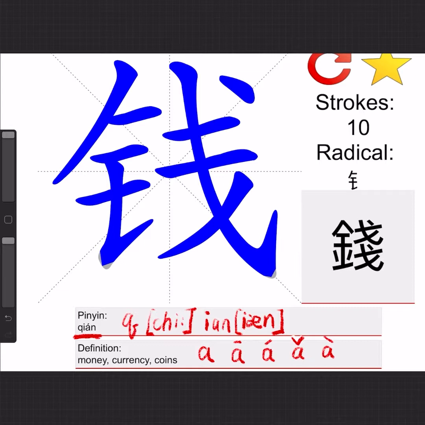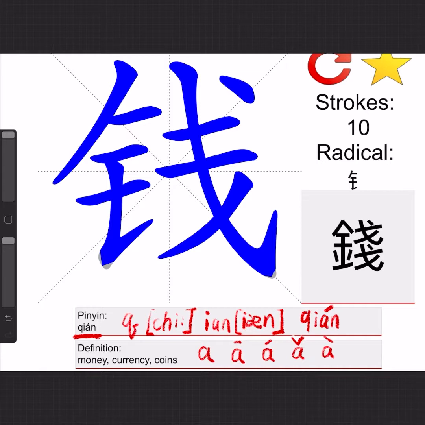Okay, when you make a pinyin pronunciation, you have to make the sound accordingly with the sound mark. It is pronounced as qi, yi, an, qian.